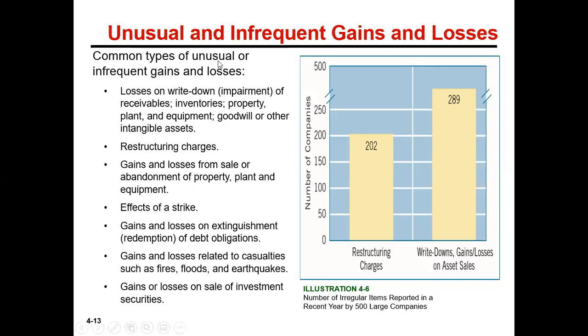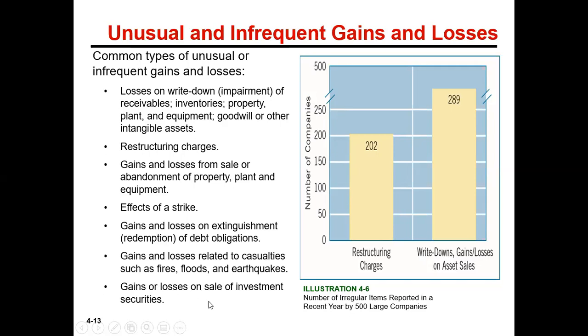But some common types of unusual or infrequent gains and losses: losses on write-downs or impairments of receivables, inventory, property, plant, and equipment, goodwill, or other intangible assets, restructuring charges, gains and losses from sale or abandonment, disposal of property, plant, equipment, effects of a strike, gains and losses on the extinguishment or redemption of debt obligations, gains and losses related to casualties such as fires, floods, earthquakes, gains or losses on sale of equipment or sale of investment securities.